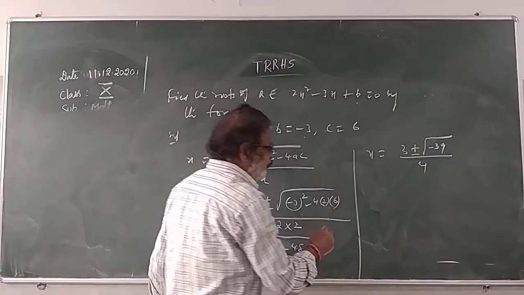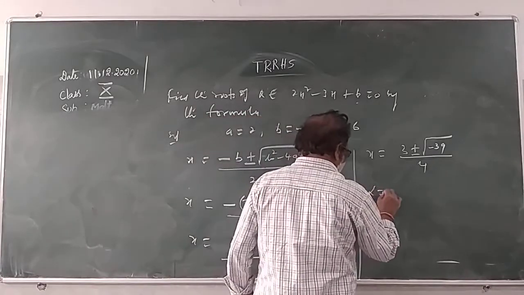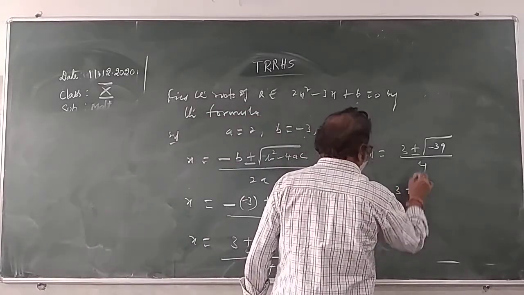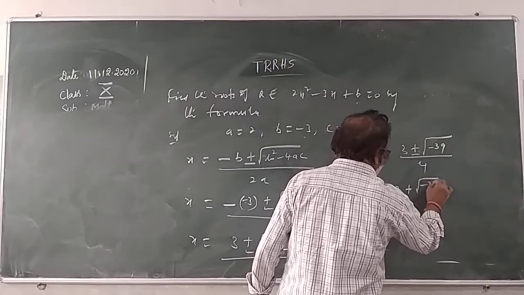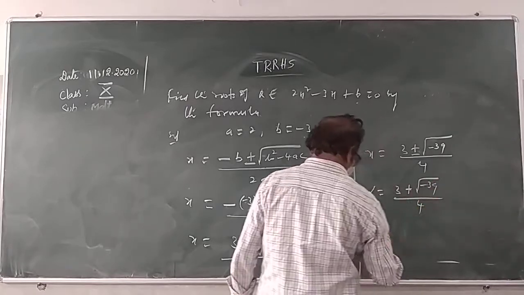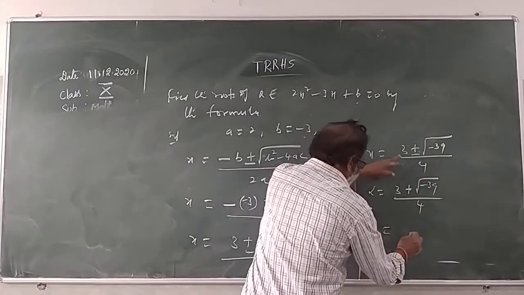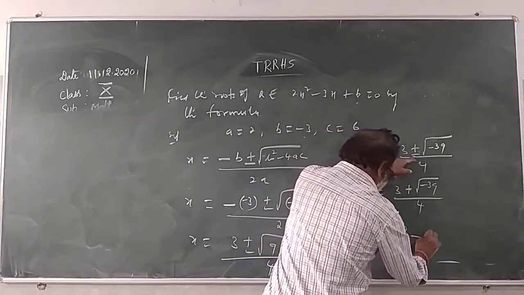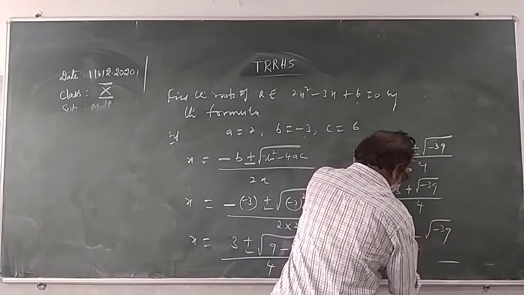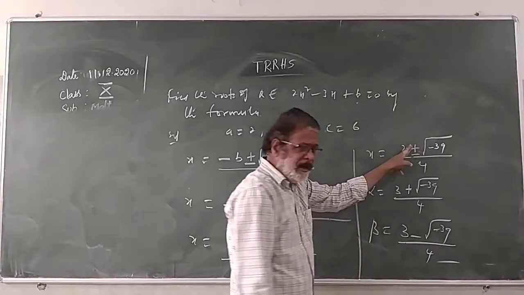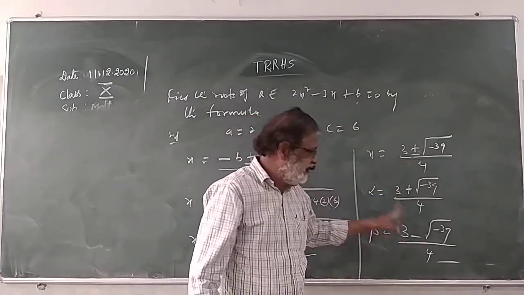Here there are two roots. One root, alpha, is equal to 3 plus root minus 39 by 4. Beta is 3 minus under root minus 39 by 4. Once you take plus it is alpha, minus is beta. These are the two roots.